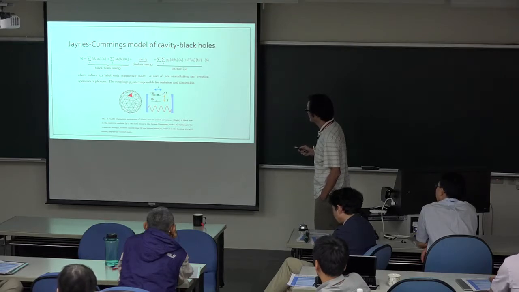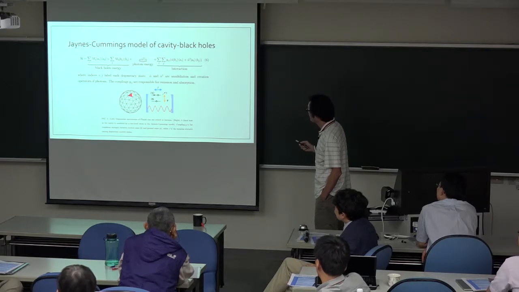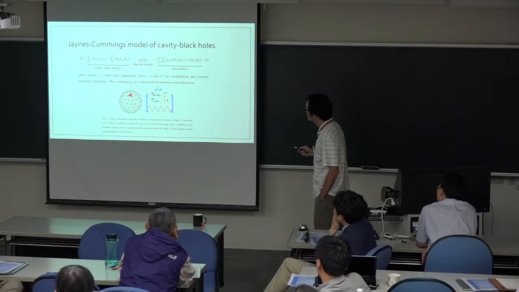Then there's an interaction, just like we have in cavity QED. And the coupling G has an IJ index, representing that we might have a different G for transitions between different states.